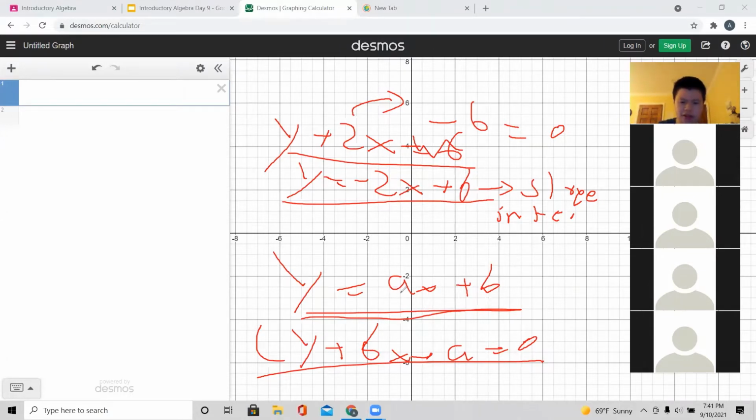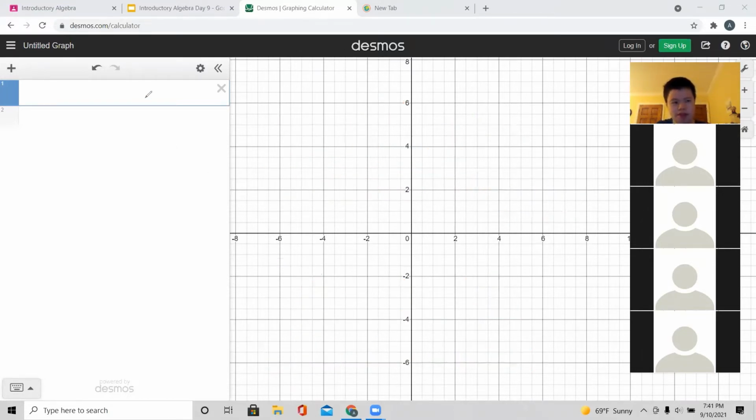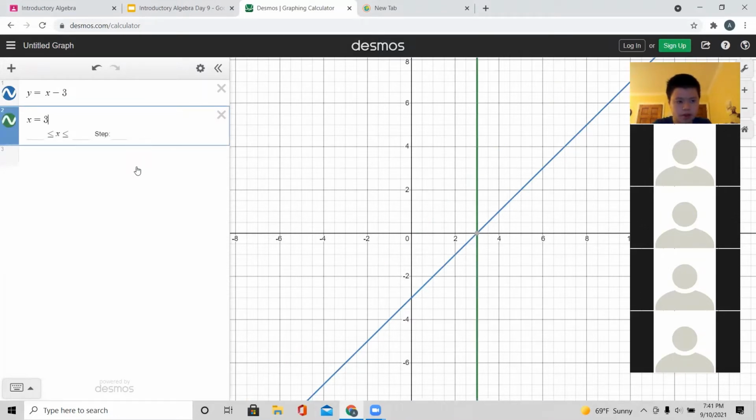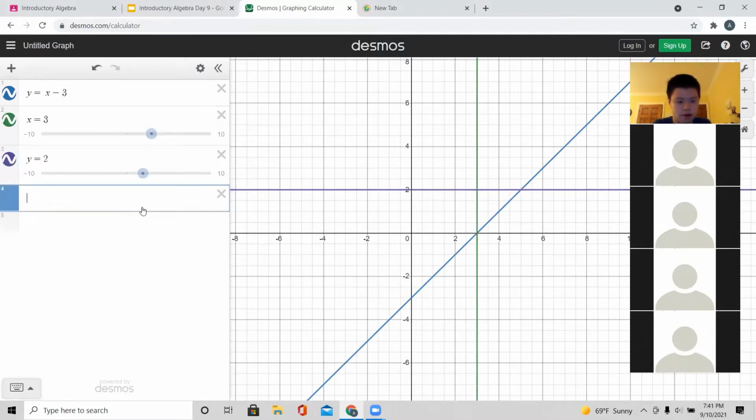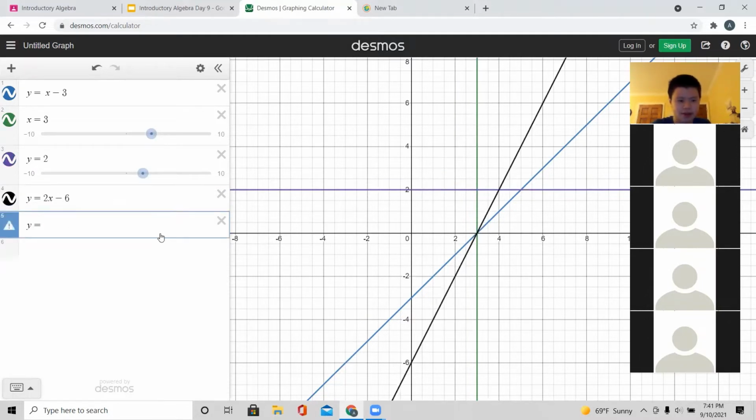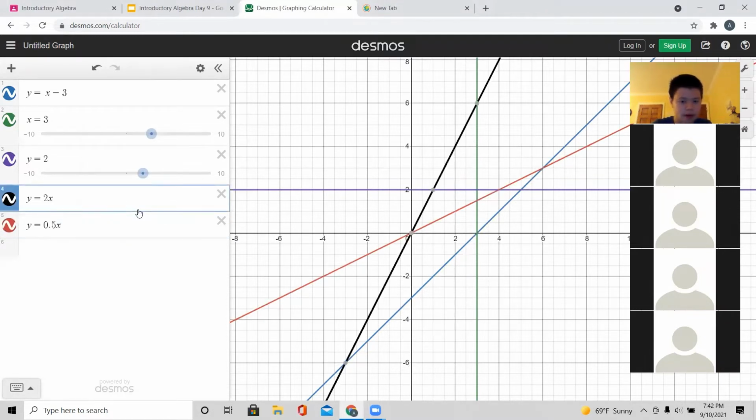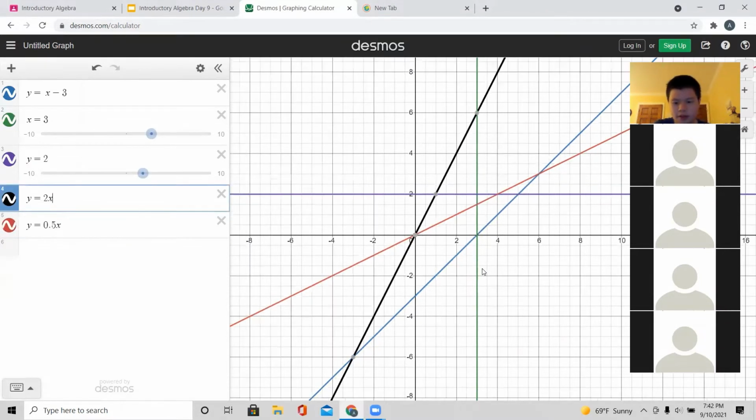So now let's get into slope. If I draw a few lines here, as you can see, these lines rise and fall by different amounts.